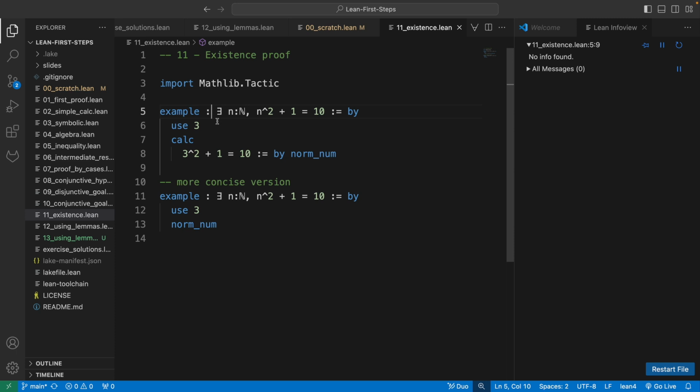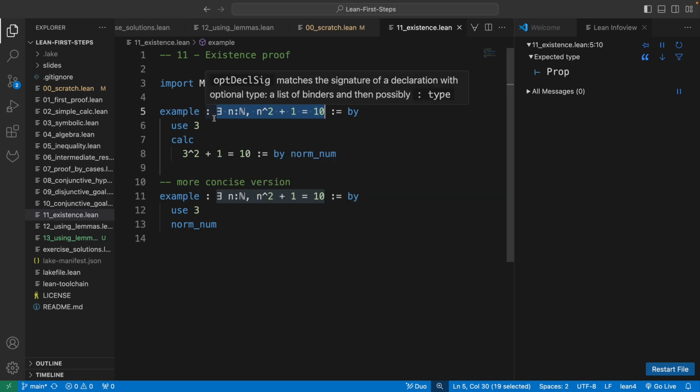So we have the proof header. Remember, there's no variables, no hypotheses, just the proof objective. And it's saying that n is a natural number such that n squared plus 1 is 10. So there exists a natural number n such that n squared plus 1 is 10. And we are going to say we think 3 is that example that proves that there exists that n.